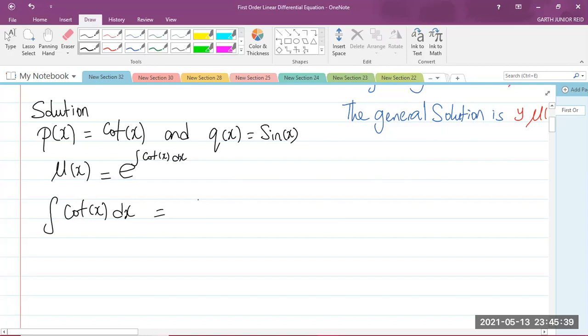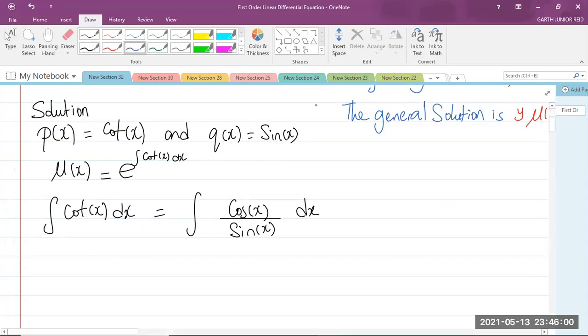Cotangent of x is equivalent to cos x divided by sine x, and we're integrating this with respect to x.